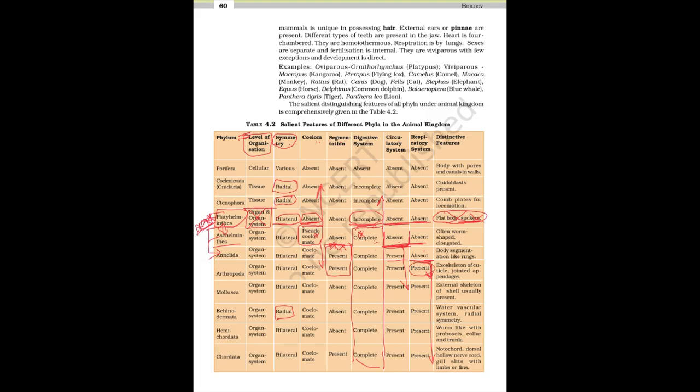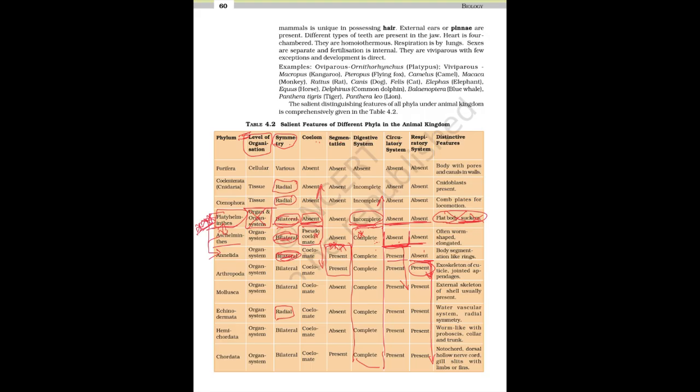So what is common in all three? If I am making a match of the following, I can ask which organism or phylum has organ system level of organization, is bilateral, but has respiratory system absent.